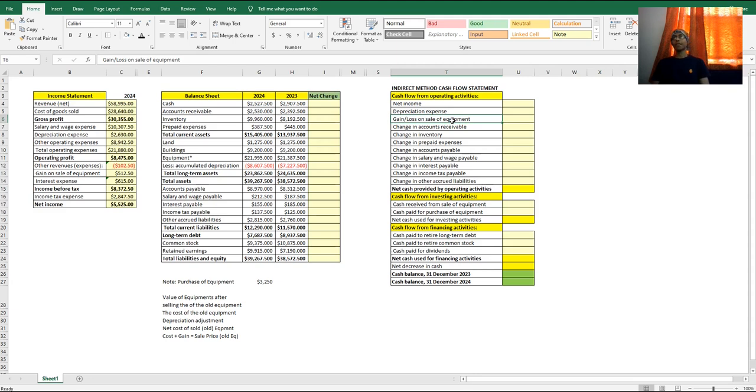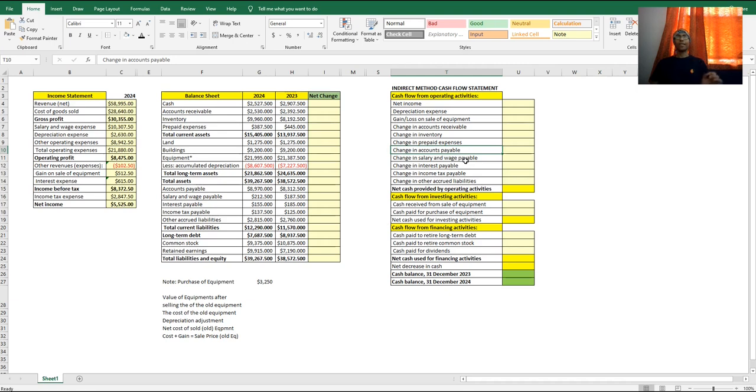If it's a gain, it will be subtracted. Then there is change in accounts receivable, change in inventory, change in accounts payable, etc. One key thing we have to remember when doing the calculations for change in receivables, inventory, prepaid expenses, accounts payable, etc.